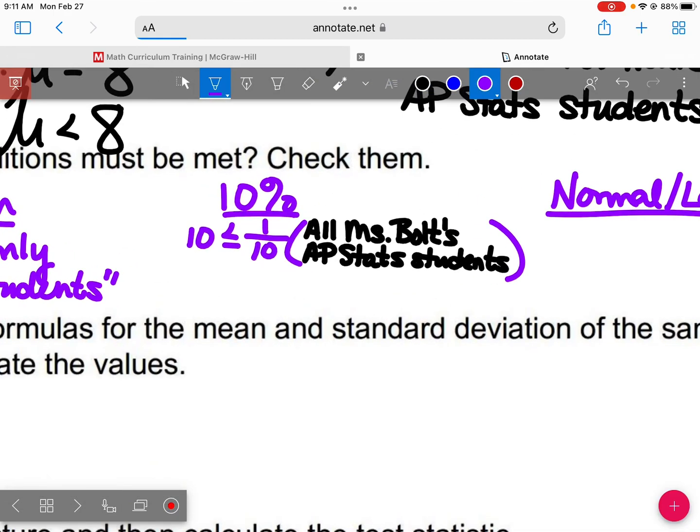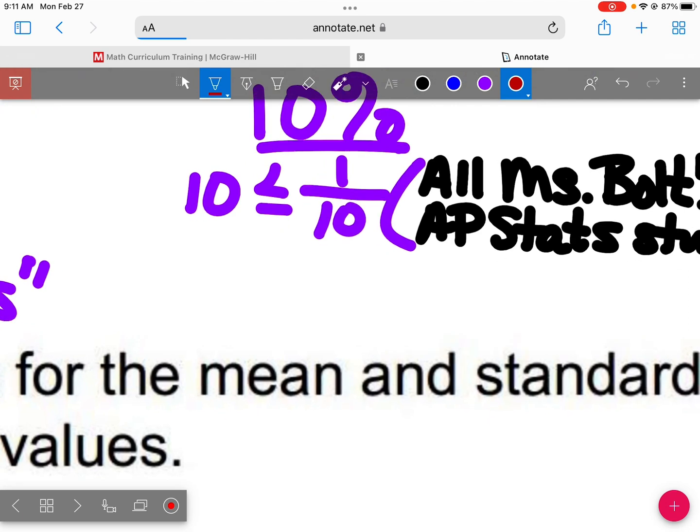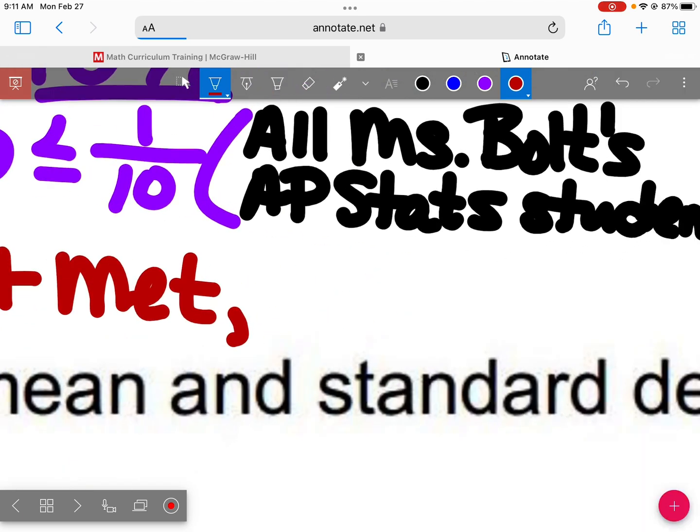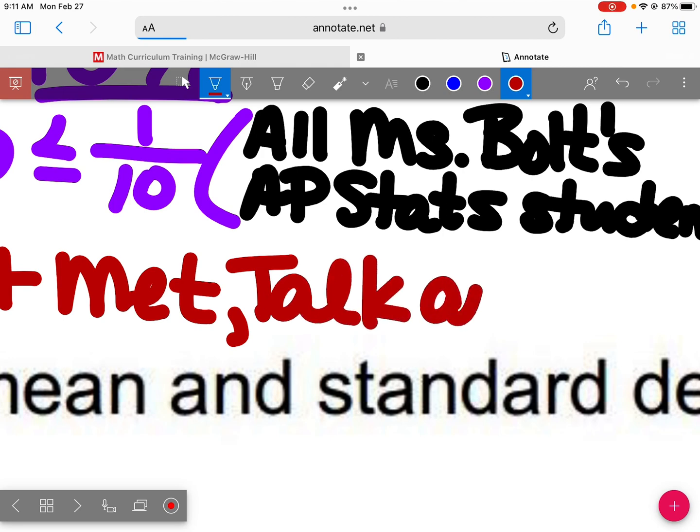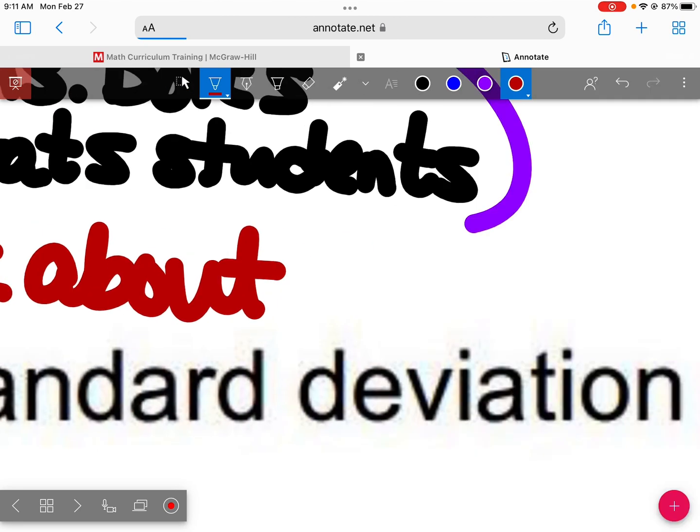When you're doing actual statistical analysis out in the field, if you don't meet one of these conditions, there are other ways to move forward. You would have to use something else. What we are going to do for the purposes of this is include that in our conclusion, that we need to be cautious of our conclusion because we did not meet the 10% condition. Not met. Talk about in conclusion.